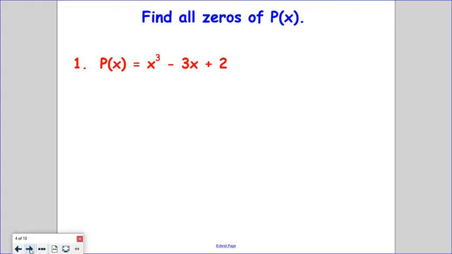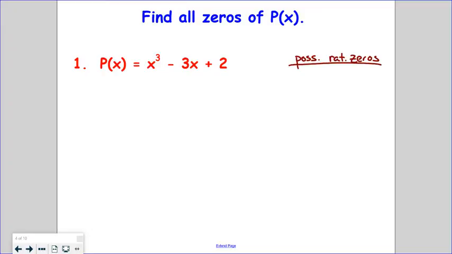Now, before we start, it says find all zeros. Try to factor, but this is not an x squared, so be careful. This is not factorable. If that was an x squared, it would be. It's not an x squared. So when it is not factorable, that's when we have to think through our list of possible rational zeros. Again, this is creating a word bank for me of what I can use to try out.